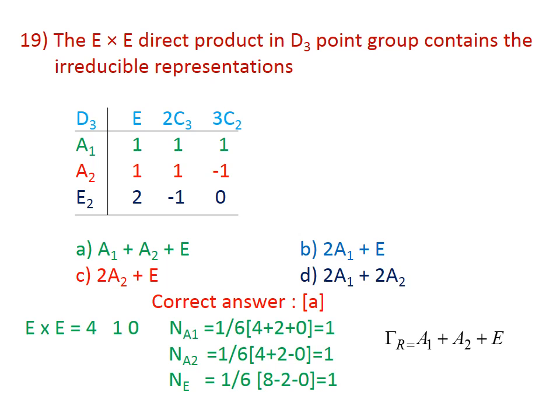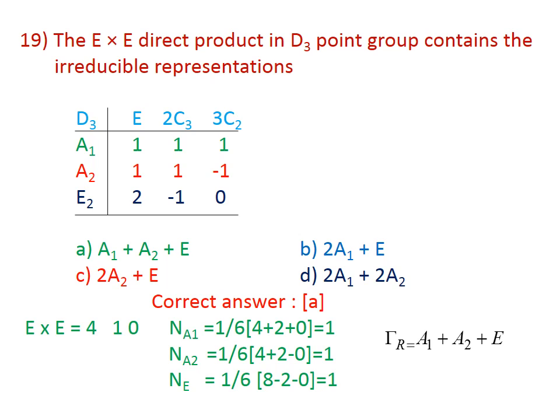Now we are going to find out the number of times the irreducible representation A1 is present in this reducible representation. This is given by 1 by 6 into the character of the reducible representation, 4, and the character of the irreducible representation, 1, multiplied by 1, that will become 4 plus 2, which is equal to 1.